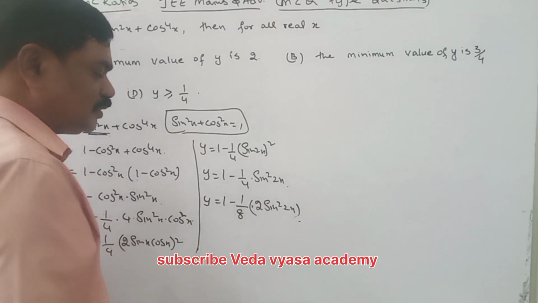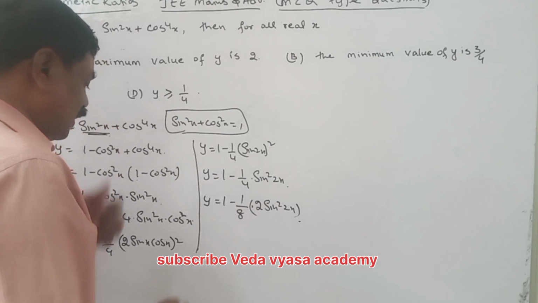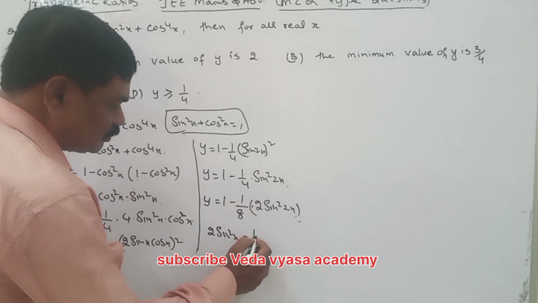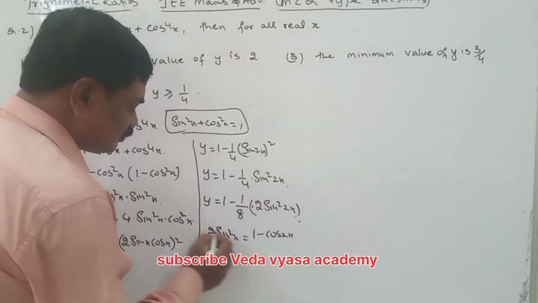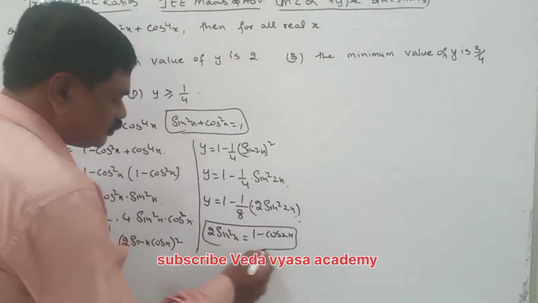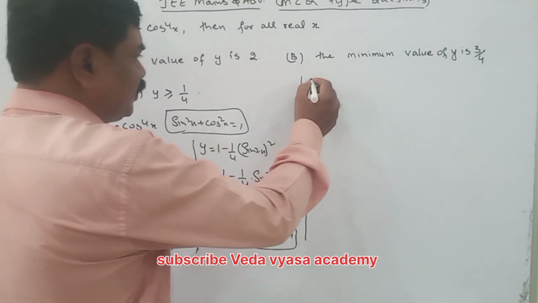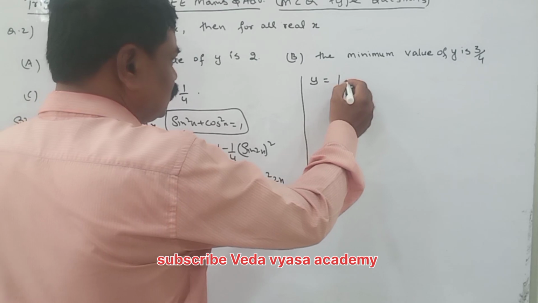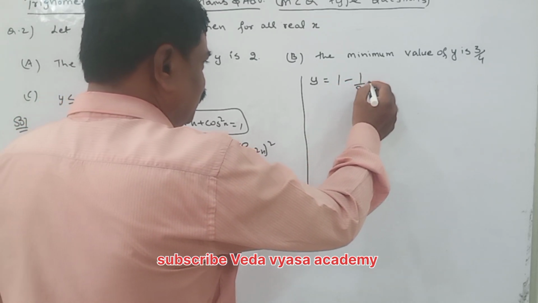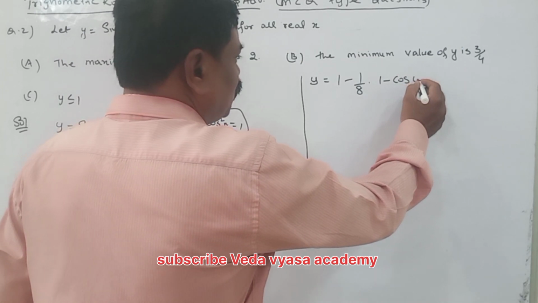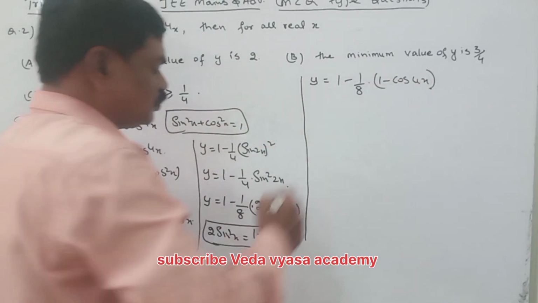So generally 2 sin square x is equal to what? 1 minus cos 2x. So then you have to write y is equal to 1 minus 1/8 into 1 minus cos of 4x, with 2 into 2x.